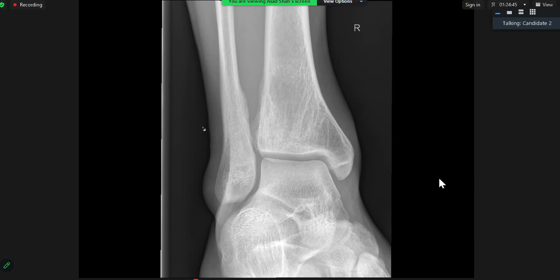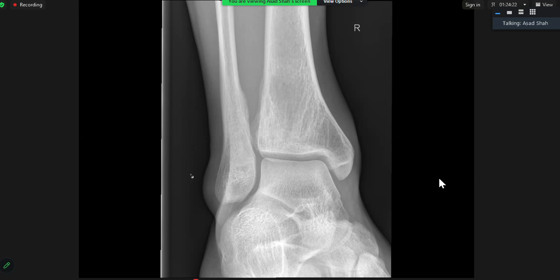And again, there is soft tissue thickening along the lateral aspect of the ankle joint, the lateral malleolus. That could be because of the twisting, due to soft tissue swelling.